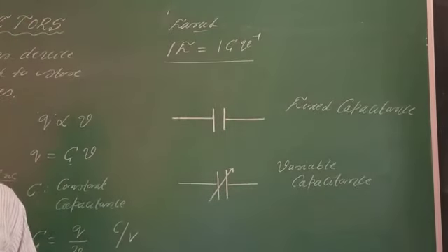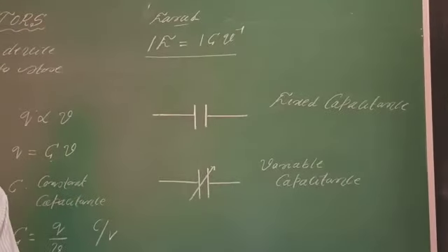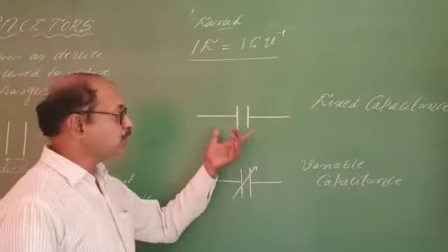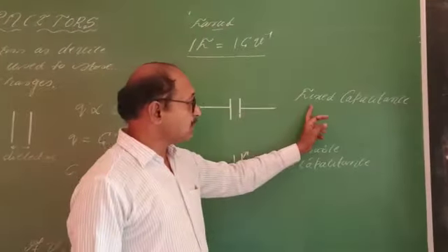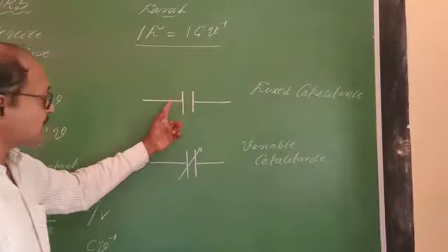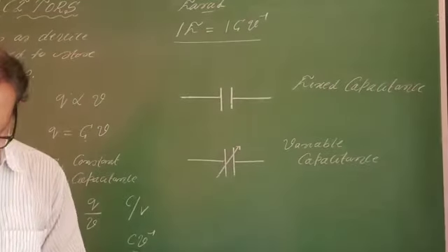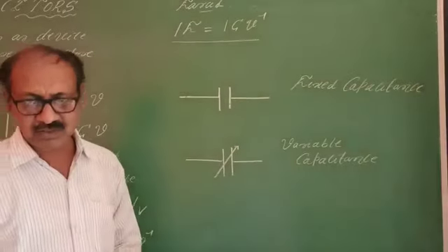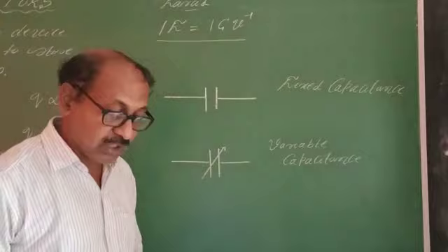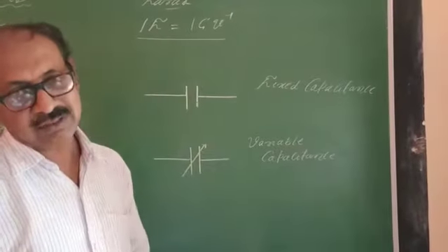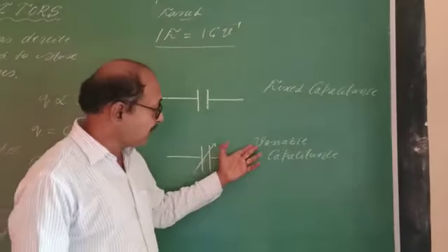We have different types of capacitors. Here I have written the symbolic representation of capacitors. This is the fixed capacitance, represented by this. There are many other types, such as non-polarized and polarized capacitors, and here is another one, a variable capacitance.